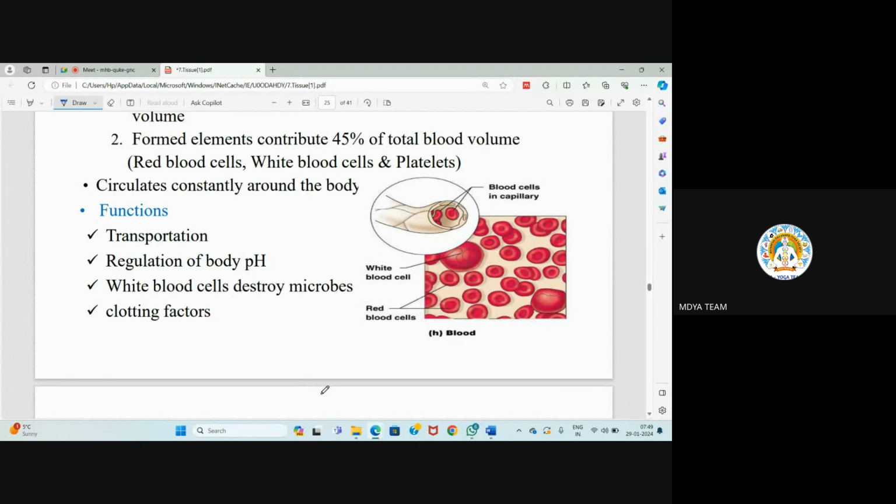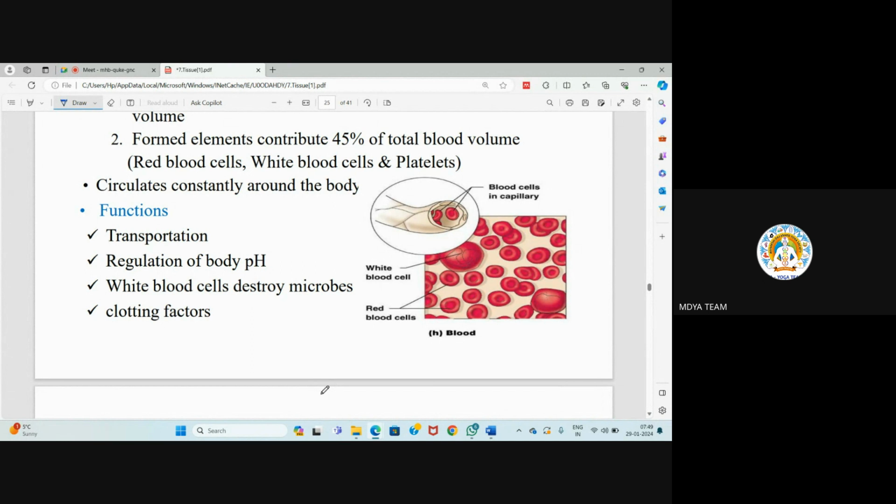Clotting means when we get injured and blood comes out from our skin, then after some time blood gets clotted naturally on its own. Bleeding stops on its own if the injury is not very severe. We all have experienced this.